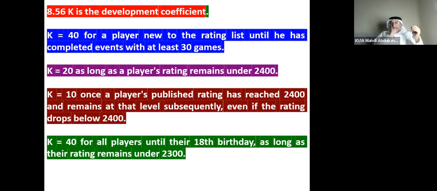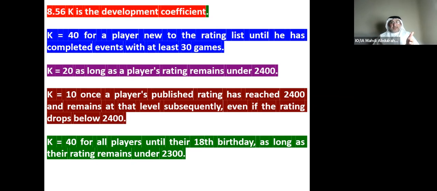After 30 games, the K factor changes to 20, until they reach 2,400. After that, when they reach 2,400, the K factor changes to 10. Maybe someone will say: I reached 2,400 and my K factor became 10, but after some months my ELO became 2,200.